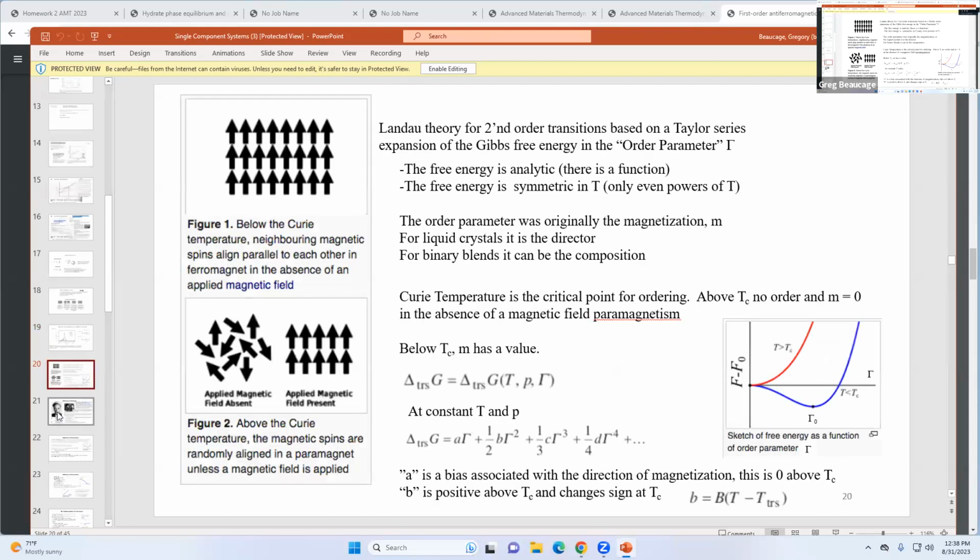So the Landau theory is a way to describe first order and second order transitions, right? It's where the terms first order and second order came from, and it has to do with magnetism. So first order, like you're going to run into it, usually it'll be melting, like fusion is a first order transition, the glass transition is a second order.